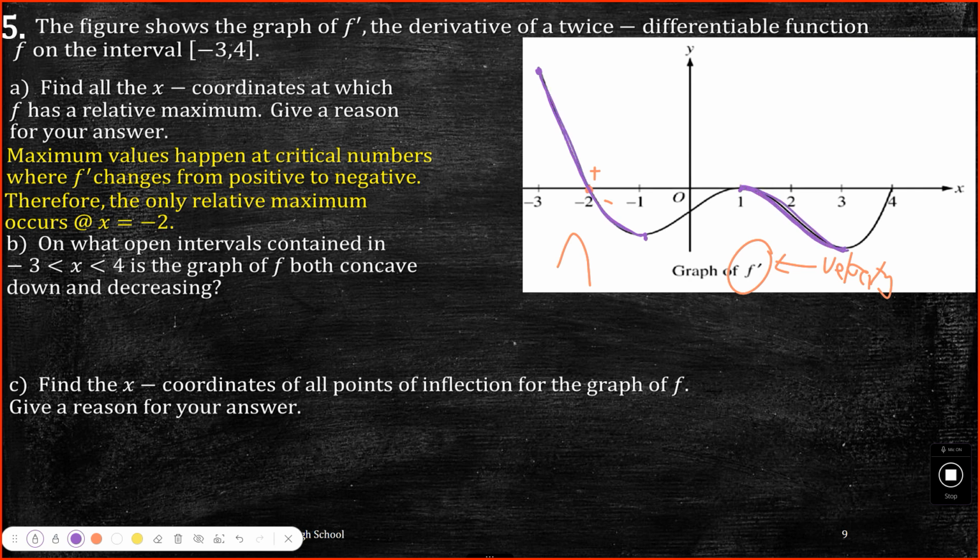So now, that's concave down. And where is it decreasing? You guys remember, it's talking about f. Where is something concave down and decreasing? These are the options, no?